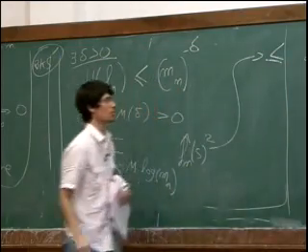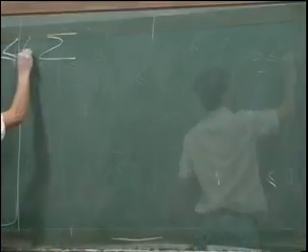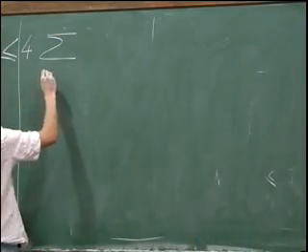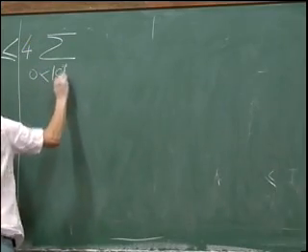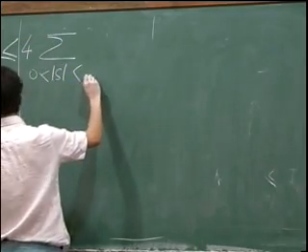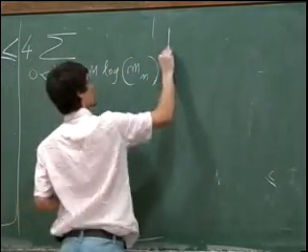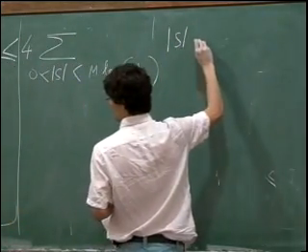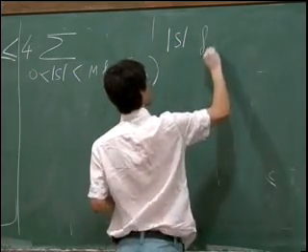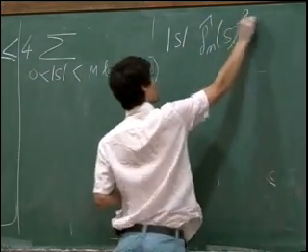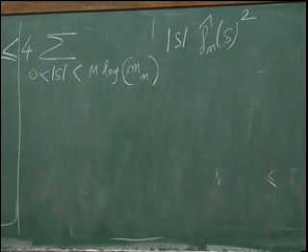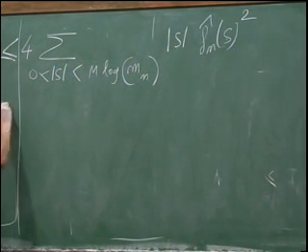This will be smaller than 4 times the sum over S of size less than m log n of this times that, which is smaller than 4 times.